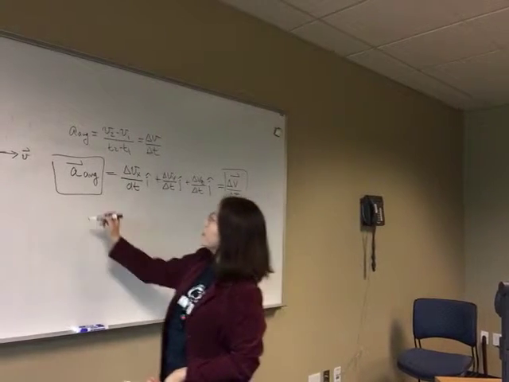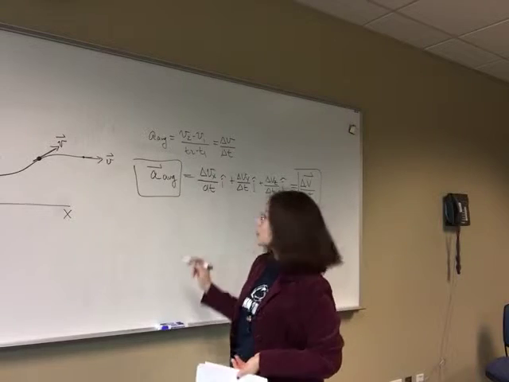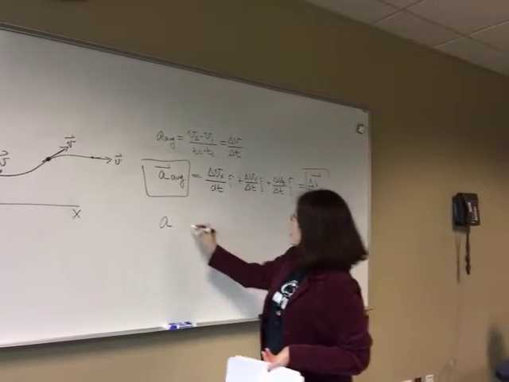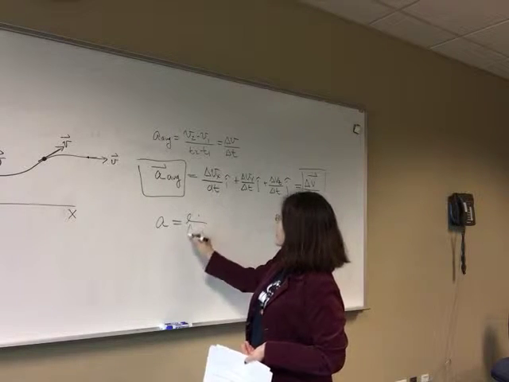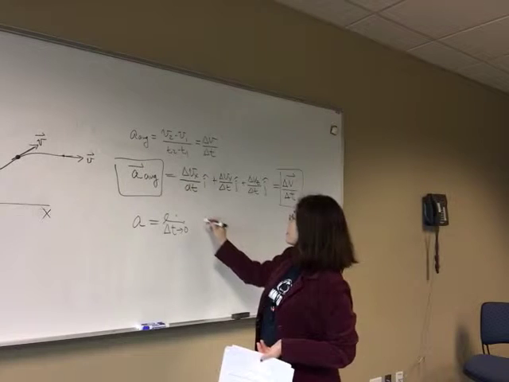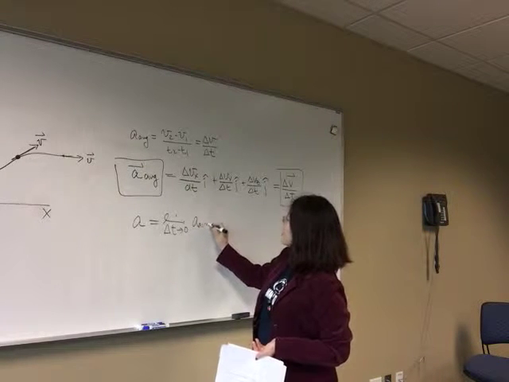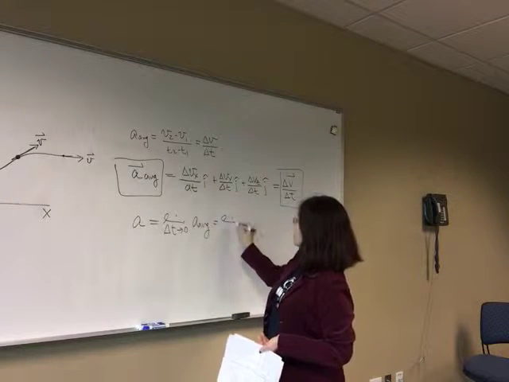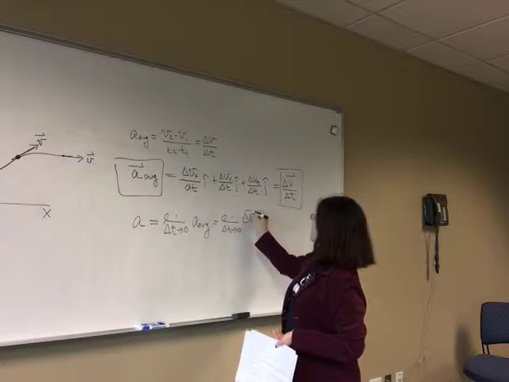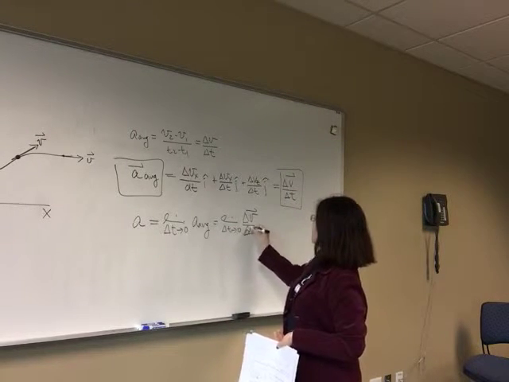So then how do we find the instantaneous acceleration? To find the instantaneous acceleration, where we drop the average, we take delta t to be approaching 0. So you have delta v and then delta t.